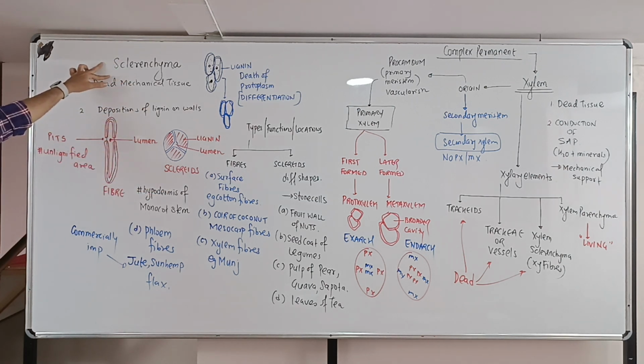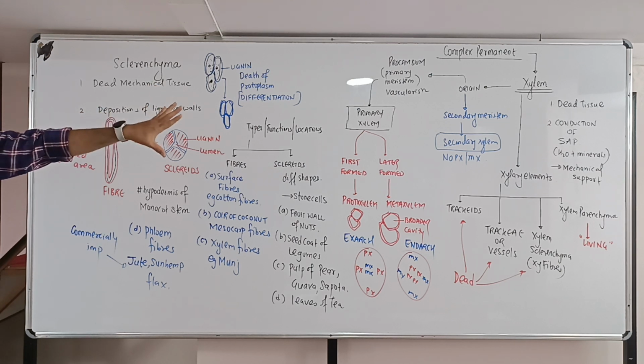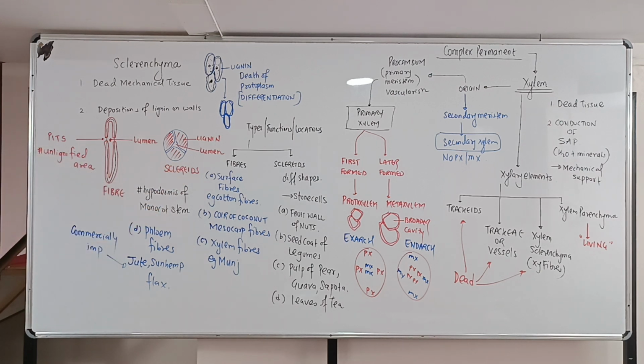Sclerenchyma. After that, we spoke about xylem. Now we'll discuss these elements: the tracheids, tracheae, vessels, and parenchyma. Any questions?